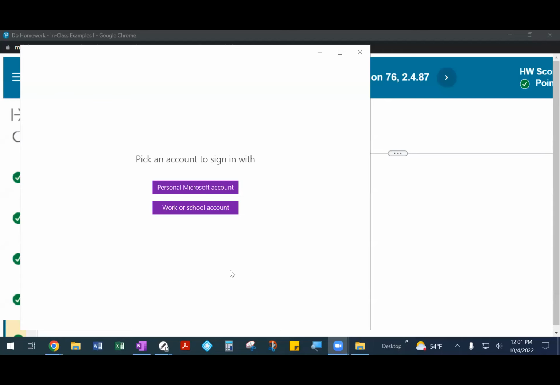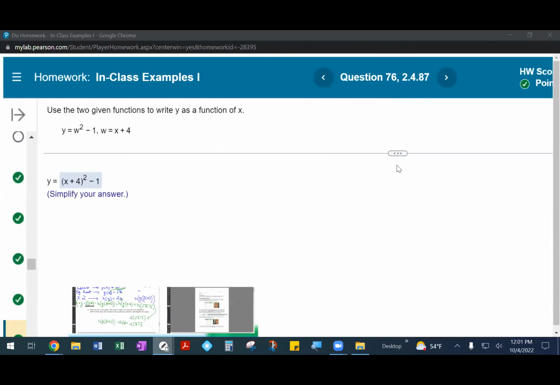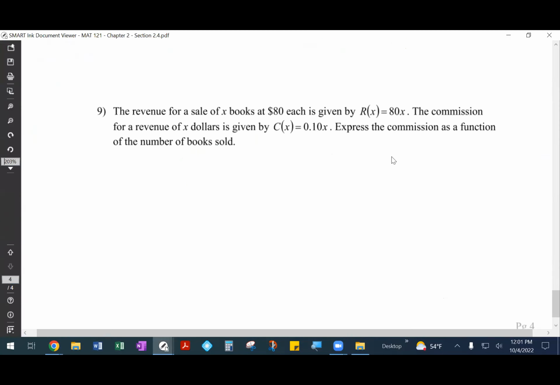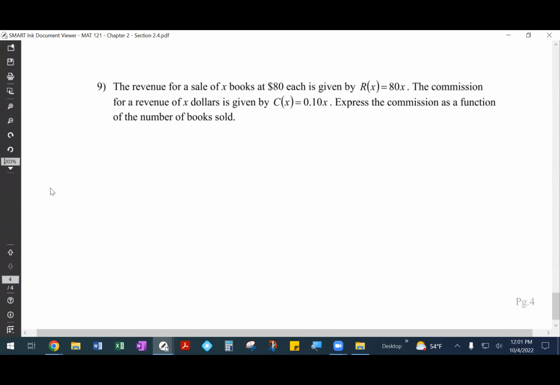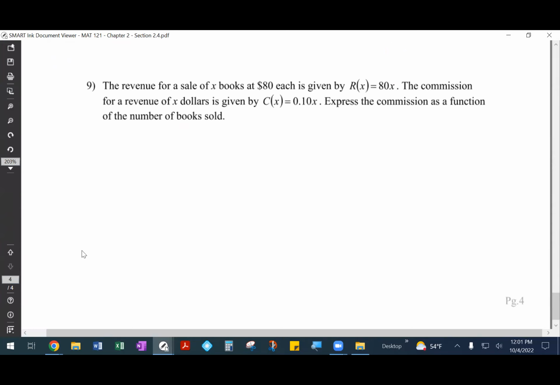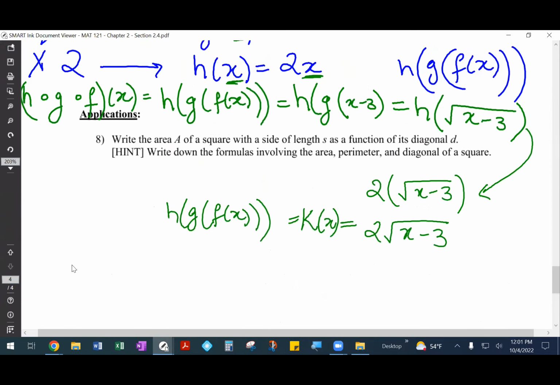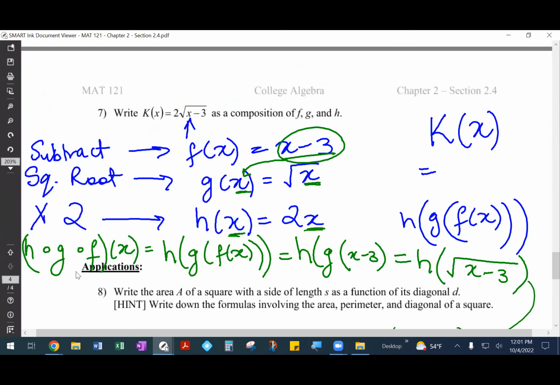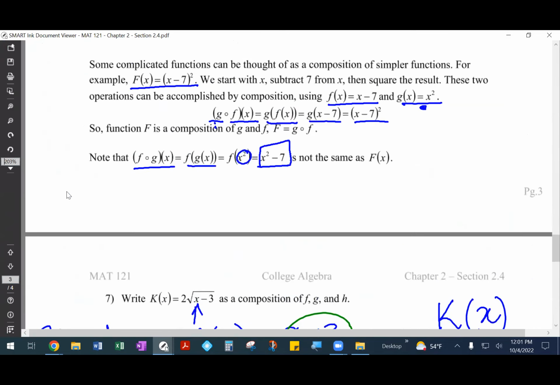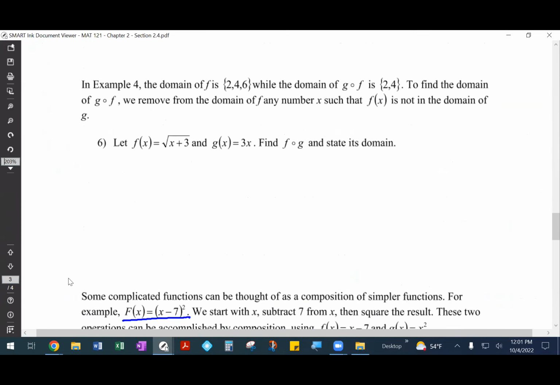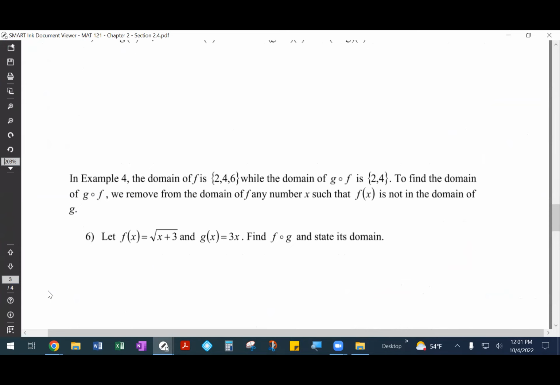Okay, so that's what is happening in section 2.4. That's where we end. This is an application problem just to show you how compositions work with an application, but basically addition, subtraction, multiplication, division, and then composition of functions is what you're looking at in this section.